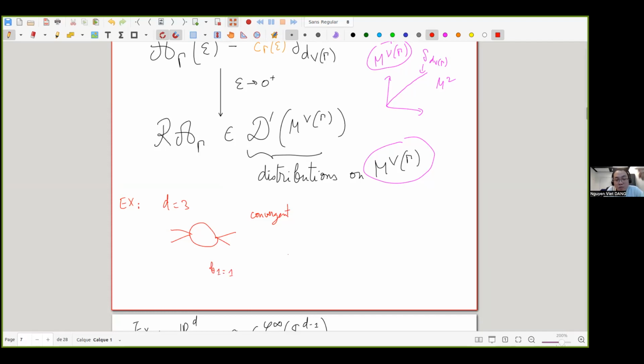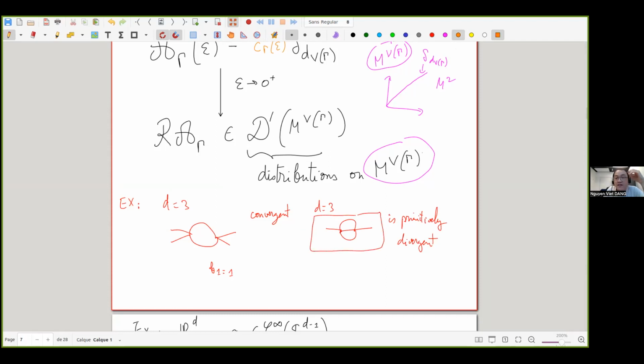You have one loop in your graph. And you can see that in d equals 3, the following graph is an example of a primitively divergent graph. Its subgraphs are going to converge, but if you look at this full graph here, it is going to diverge.